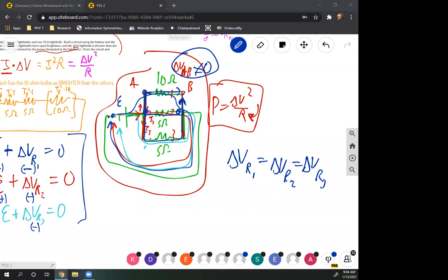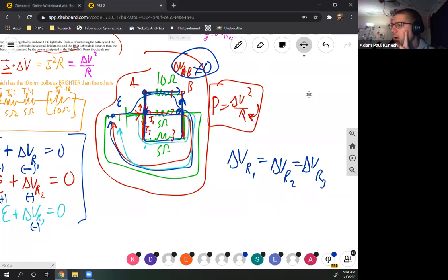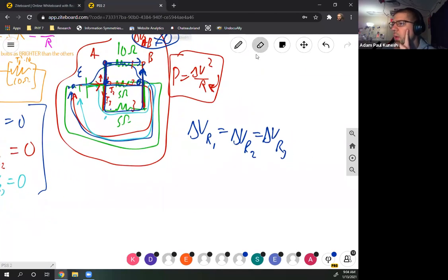Oh, and then what allows you to say that is Kirchhoff's loop rule? Is that why you said all of them equal? So strictly speaking, Kirchhoff's loop rule just tells me that around a loop, the change in voltage equals 0. So if I included the battery and went around through any of these, it equals 0.